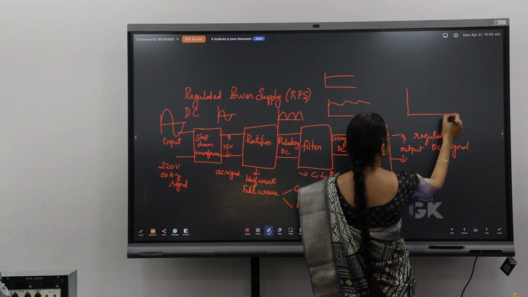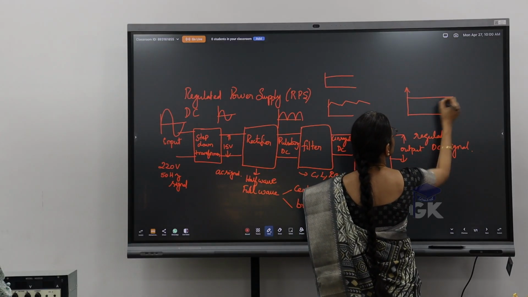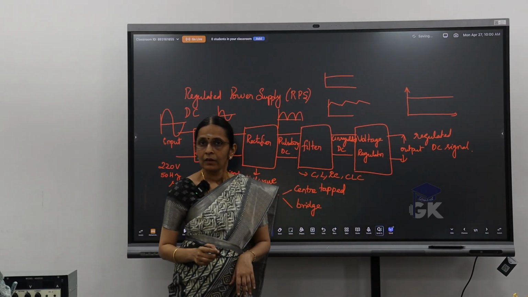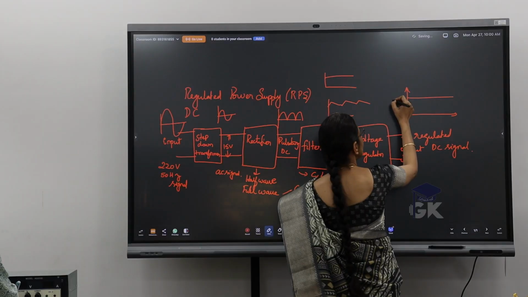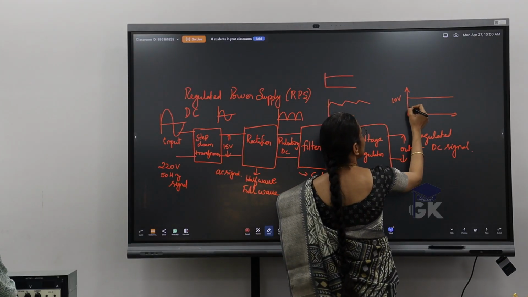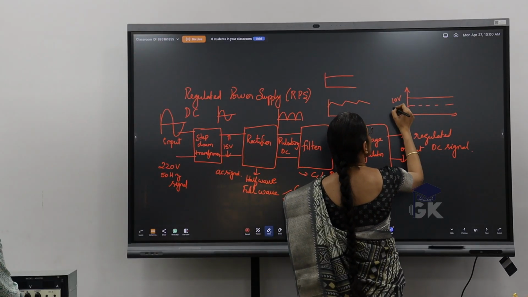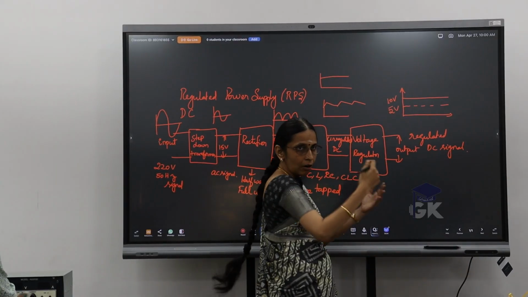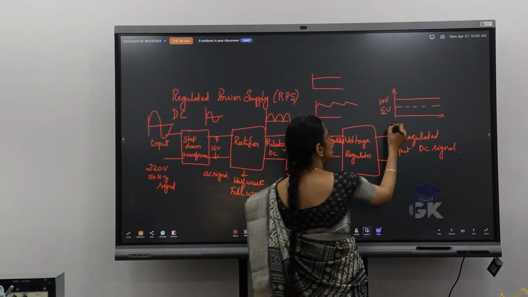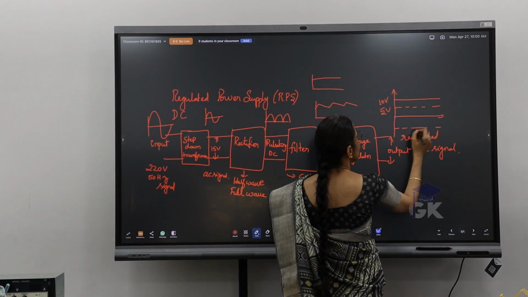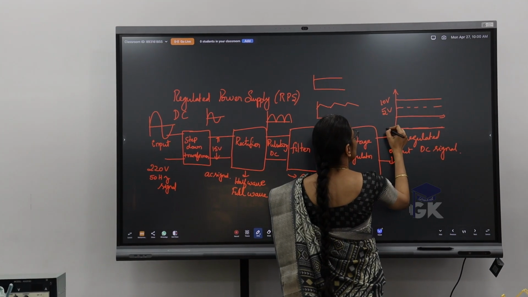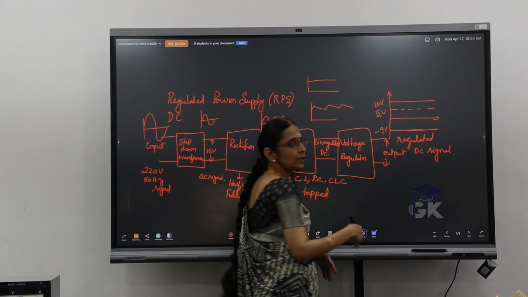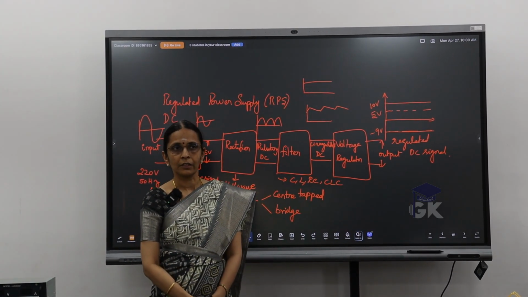So my output will be like this. Say if it is 10 volt, I'll have it at 10 volt level, or if I'm using a 5 volt, I'll have it at the level of 5 volt, or if I want some negative voltages also, I can go for say minus 9 volt, like that I can have various values.